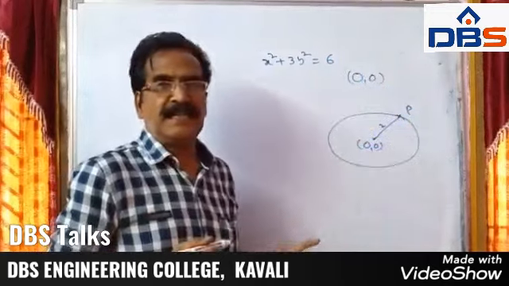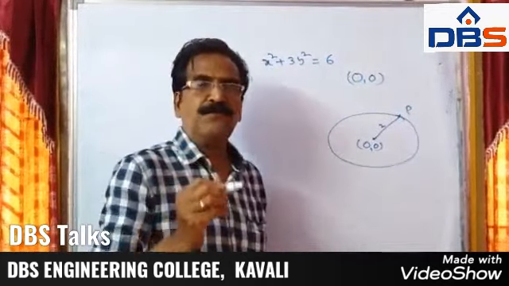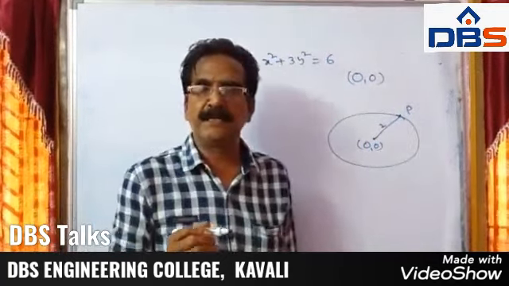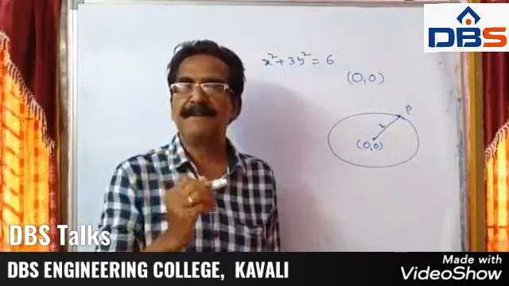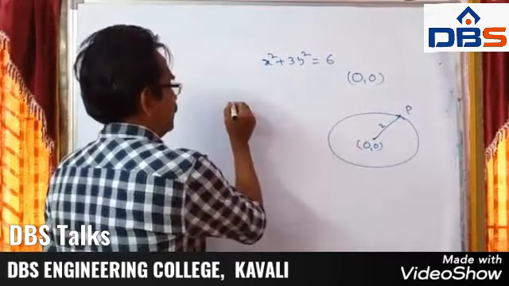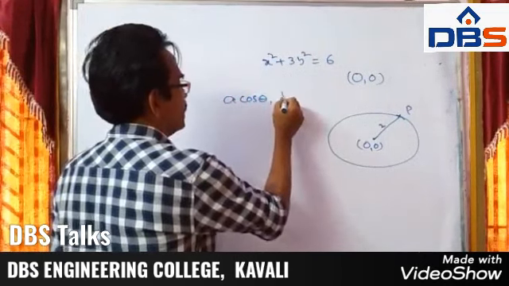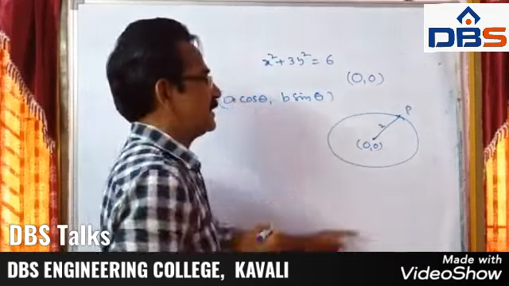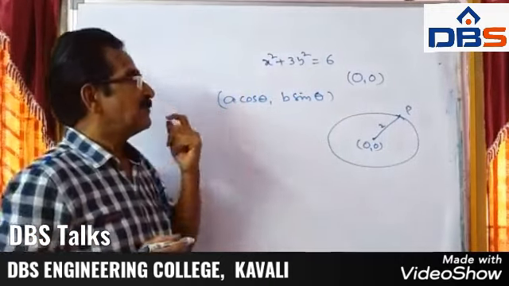Now we have to find the eccentric angle of P. You know friends, any point on the ellipse can be taken as (a cos theta, b sin theta).